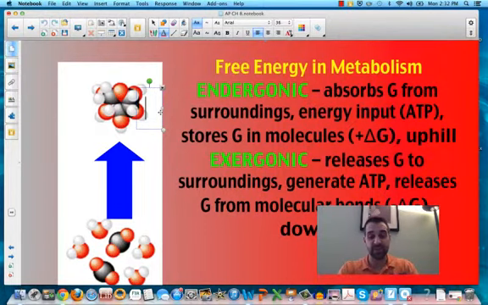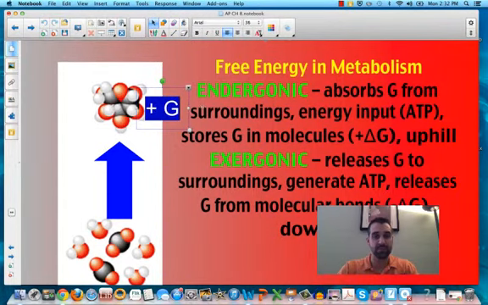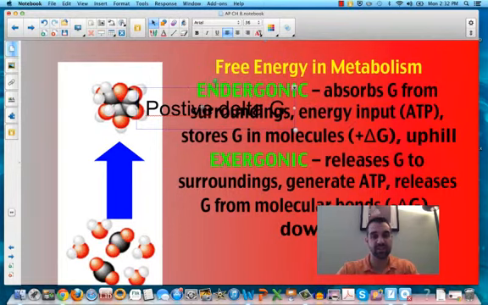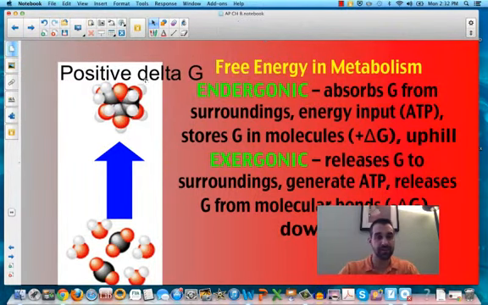So this is going to be a positive delta G. Oh, and of course, there is no fancy-dancy symbol up here. So we'll just say positive delta G with the blue arrow.